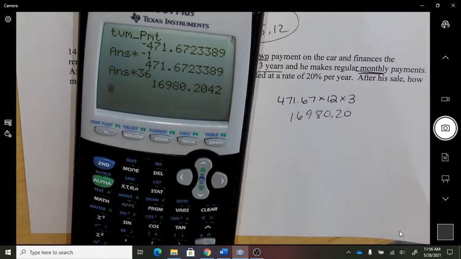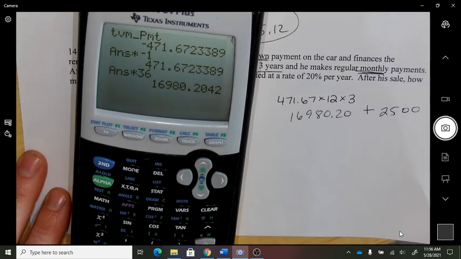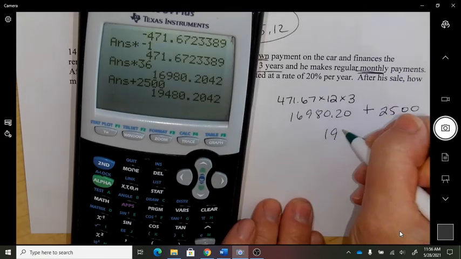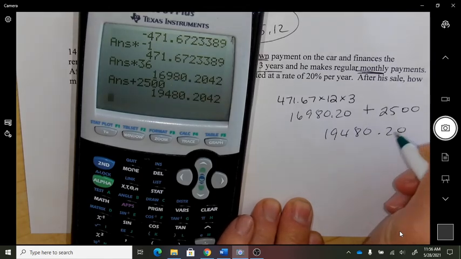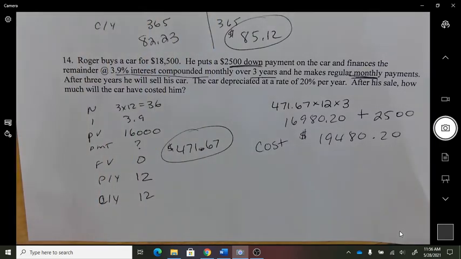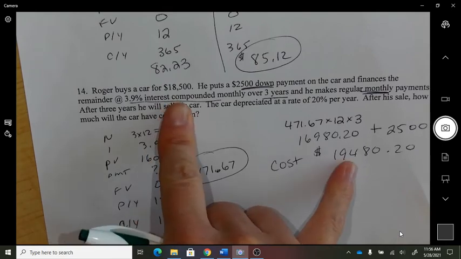That's how much money I'm putting out of my pocket during my payments. But we can't forget we also spent that 2,500 at the start, right? So this is how much I ended up spending for the car. Okay, so the car should have cost that, but I spent that.